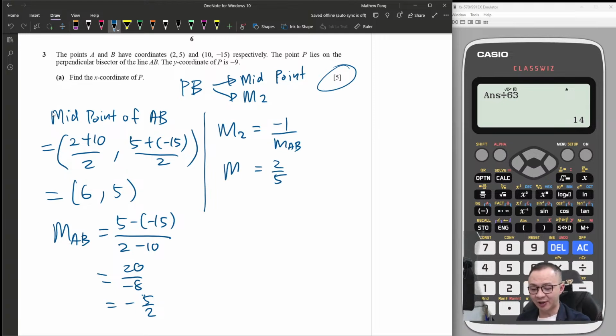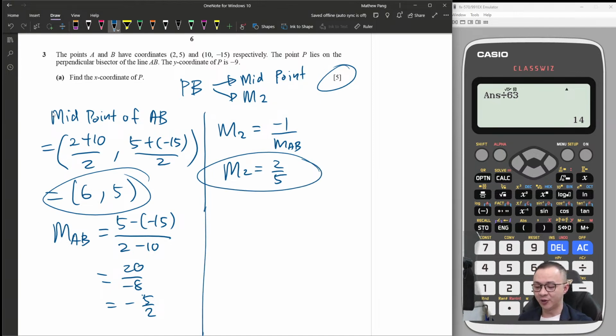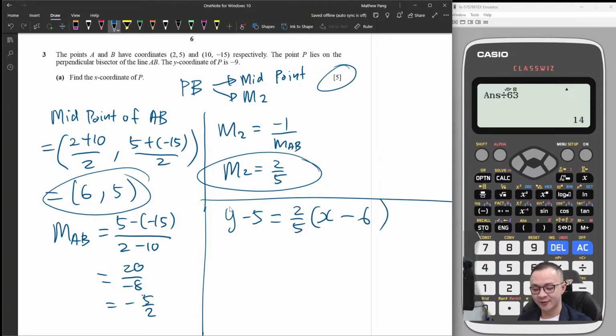Okay, now I got the M2, I got the midpoint. I can form the equation of straight line. y minus midpoint y equals to gradient, x minus midpoint x. Yeah, this is the equation of perpendicular bisector.